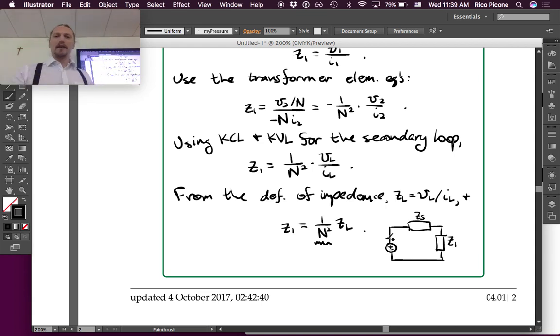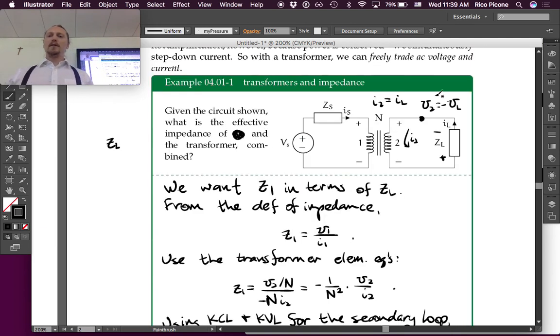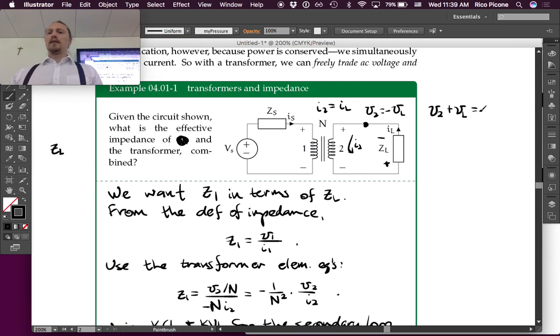Yeah. So if we were to do KVL around this loop, say we went this way, it would be V2 plus VL equals 0. Which gives us that V2 equals negative VL.